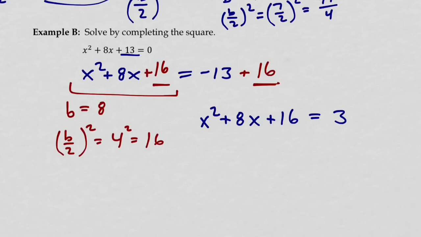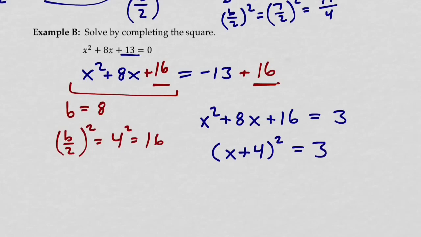Now 16 was a really great choice because the left-hand side now factors, and not only does it factor, it factors as a perfect square, because 4 times 4 equals 16 and 4 plus 4 equals 8. So the left-hand side now factors as x plus 4 squared, and the right-hand side is just 3.